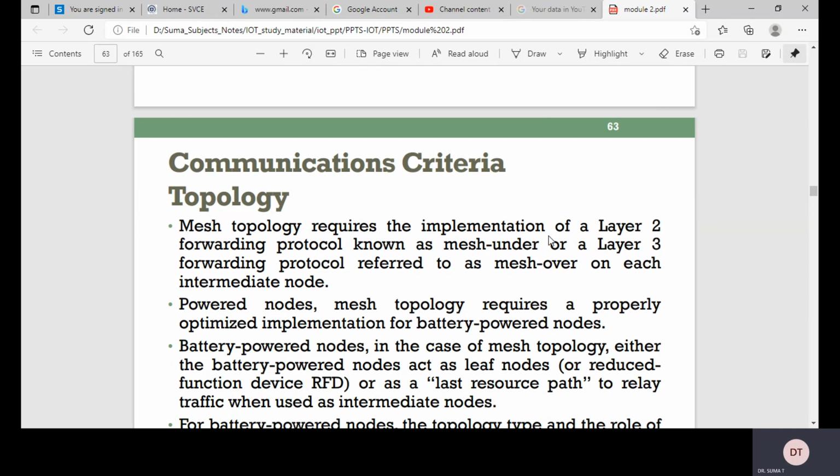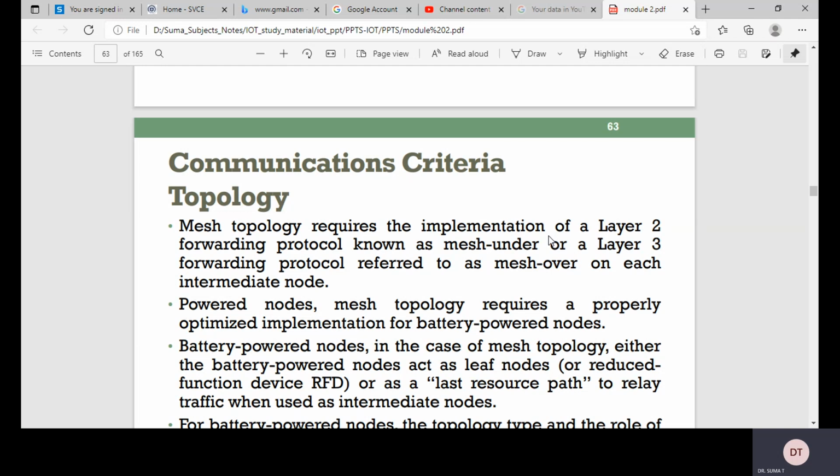While well adapted to powered nodes, mesh topology requires properly optimized implementation for battery powered nodes. These battery powered nodes, in the case of mesh topology, are often placed in sleep mode to preserve battery life when not transmitting. Either the battery powered nodes act as leaf nodes or as a last resort path to relay traffic.